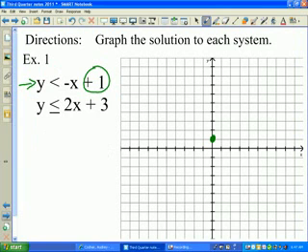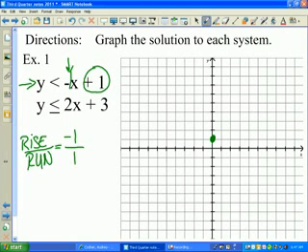From that point, I look at my slope to tell me where to go to draw my second point. My slope, if you remember, is rise over run. In this case, I have a minus, and there's always an assumed 1 there, so I would have negative 1 over 1.